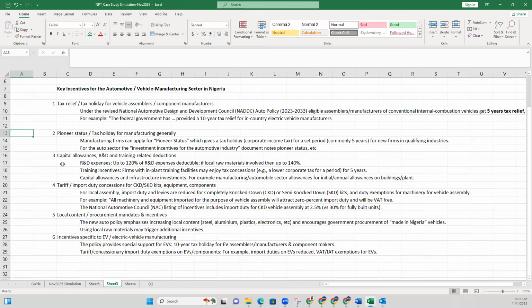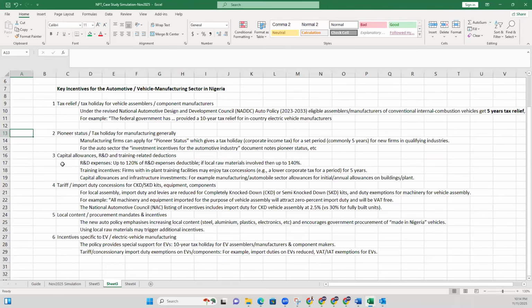Eligible assemblers, manufacturers of conventional internal combustion vehicles get 5 years tax relief. For example, the federal government has provided a 10-year tax relief for in-country electric vehicle and vehicle manufacturers.